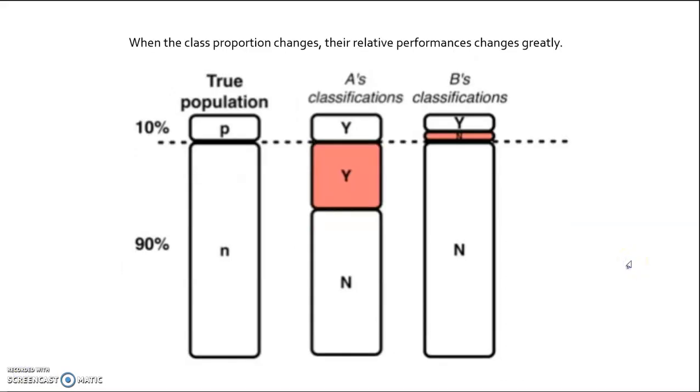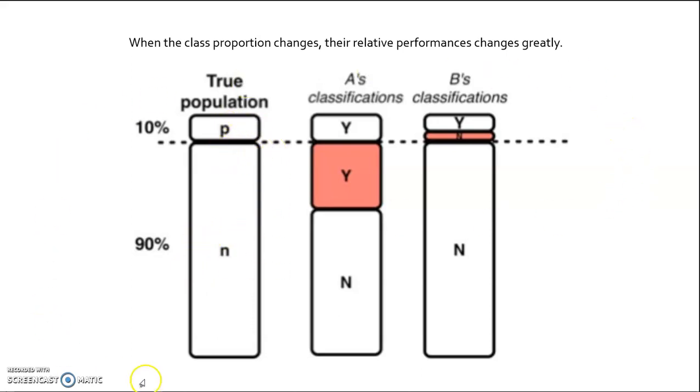But if there is a difference in the cost of having a false positive or a false negative, and it just so happens that our population is imbalanced, where we have a lot more negative examples, or negative labels, compared to the positive.